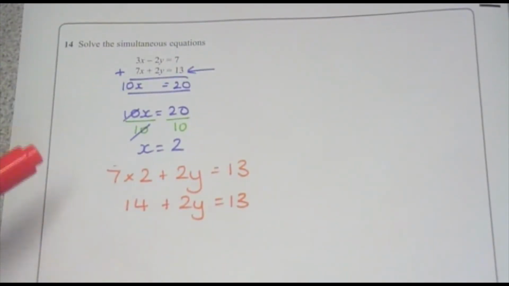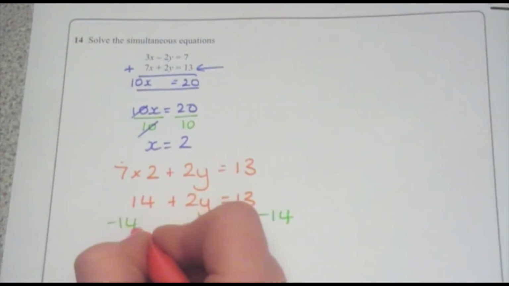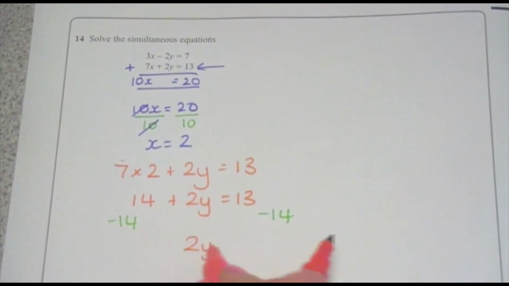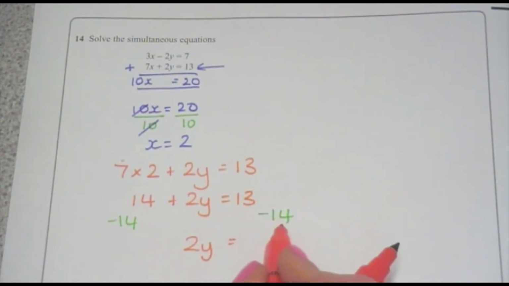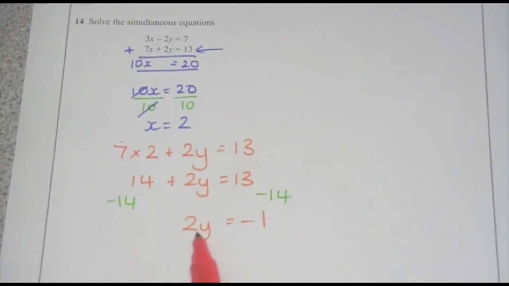Now I'm going to subtract 14 from both sides because I want to get the y on its own. So I'm going to get rid of this 14. That means I'm left with 2y on the left hand side. 13 take away 14 leaves me with minus 1. At the moment I've got 2 y's, but I want to know what 1y is. So I'm going to divide both sides by 2.